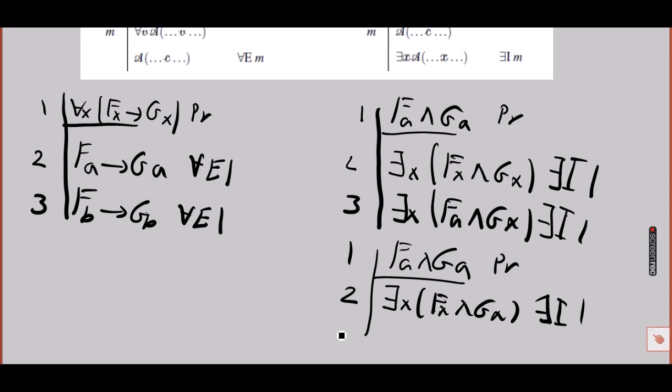If you pick only one of the a's, for example the second one, and you replace it with x and put an existential up front, you get this. Either way you think about it, the idea is that if you have an instance of an existential, from that you can introduce the existential. Okay, so those are the two rules that we are going to work with today.